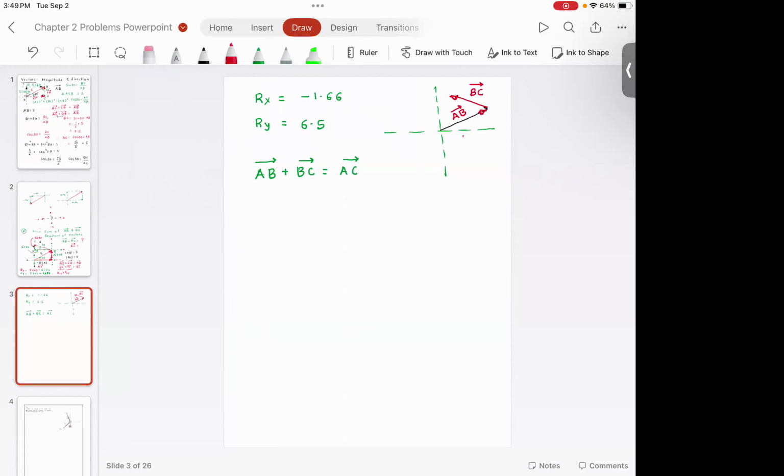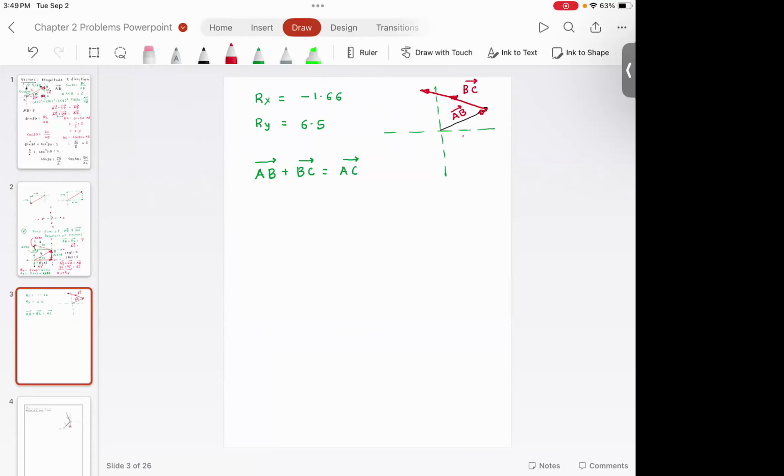And what you did is all this sum, and you found out that at the end Rx is equal to minus 1.66. So I need to be consistent, so I would basically show it like this. This is AB and this is BC. Now, Rx is equal to minus 1.66. This is the origin. This is where we started. This is where the whole thing began.